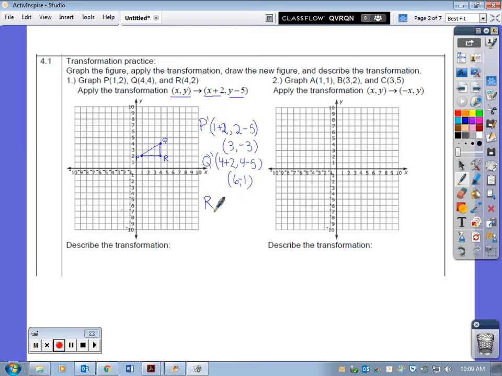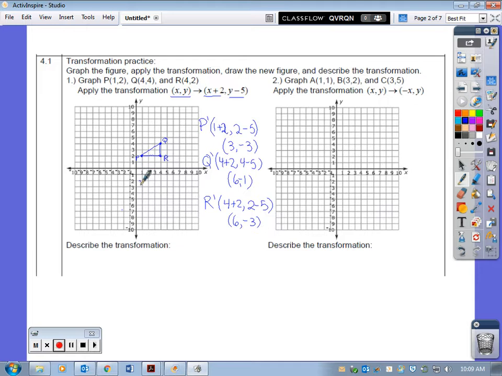And our R primed is going to be the point 4 plus 2 and 2 minus 5, which gives us the new point 6, negative 3.